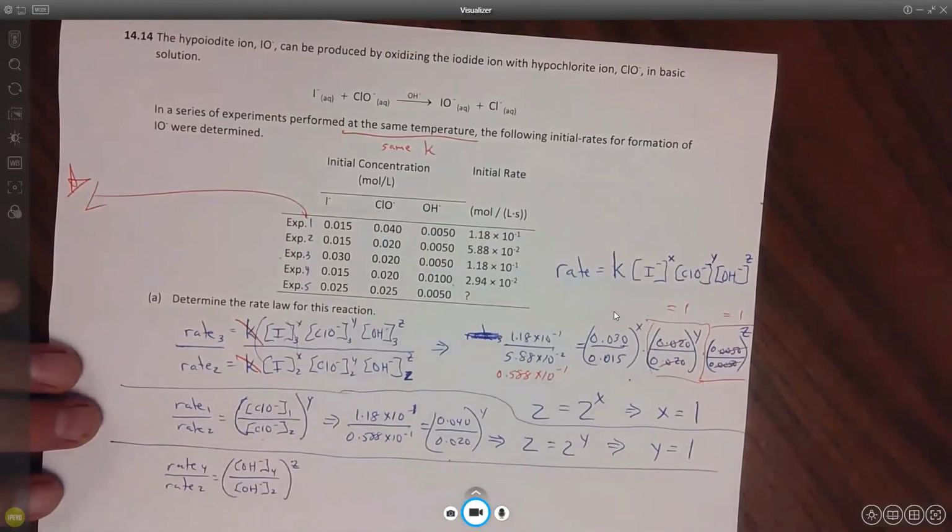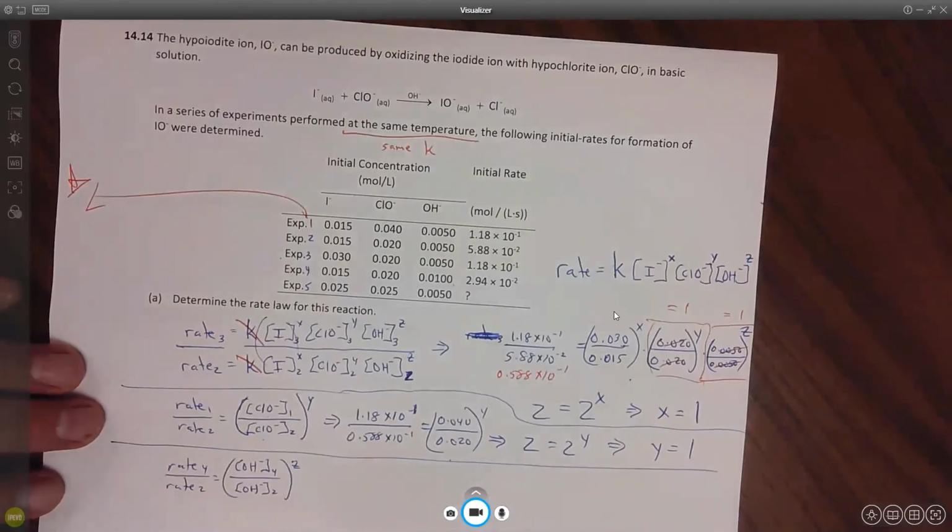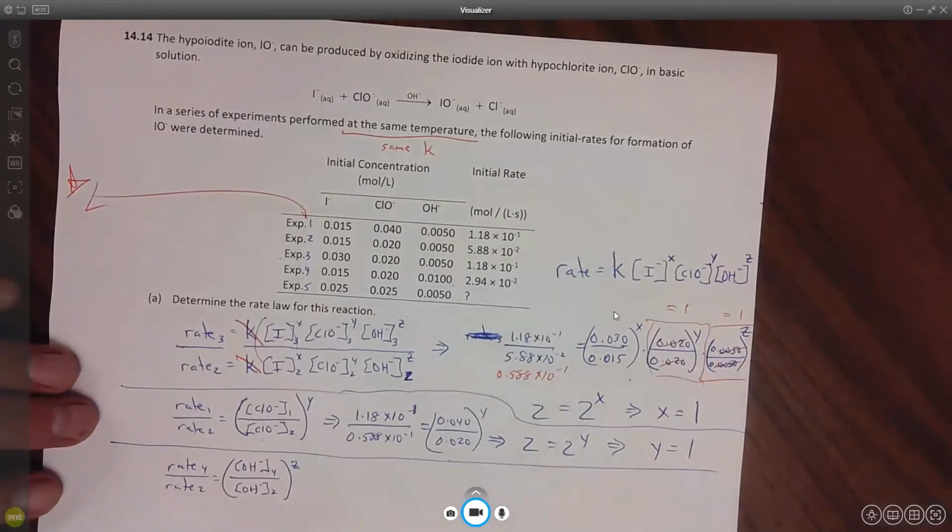Wait, can you explain why you put 4 over 2 this time? Because I'm looking ahead, right? I can see the concentration in experiment 4 is higher than in experiment 2. So look at the concentrations rather than the rates. Either one works, and honestly it does not matter as long as you are comfortable with fractions and exponents. If you're not comfortable with fractions and exponents, you're going to want to make sure that you're dealing with whole numbers.